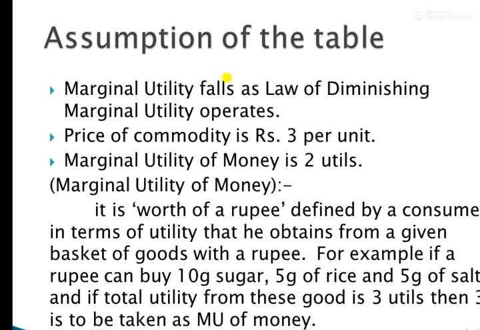For example, if a rupee can buy 10 grams of sugar, 5 grams of rice and 5 grams of salt, and if the total utility from these goods is 3 utils, then the marginal utility of money will be taken as 3.